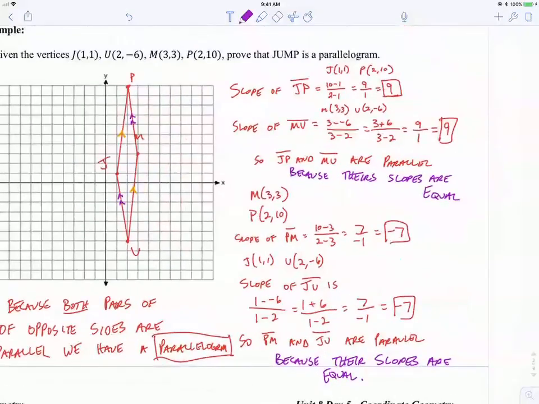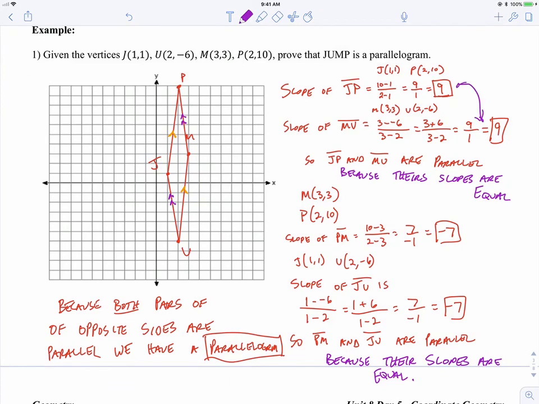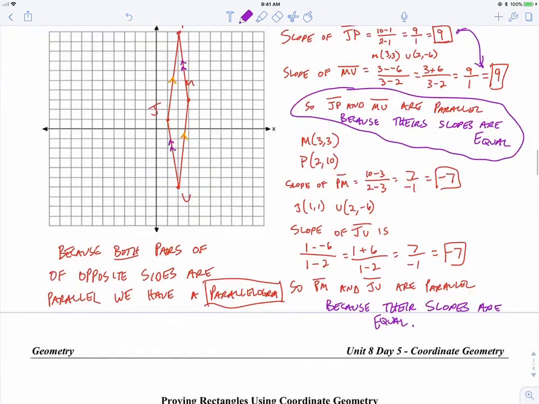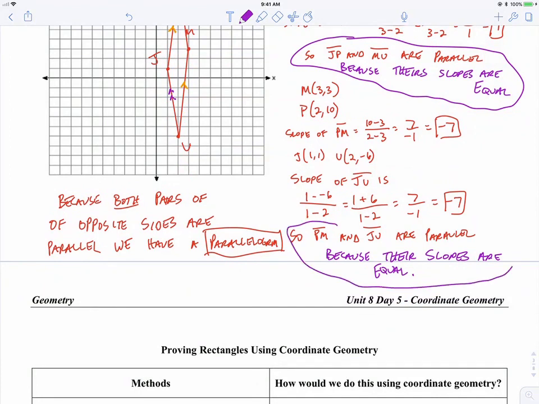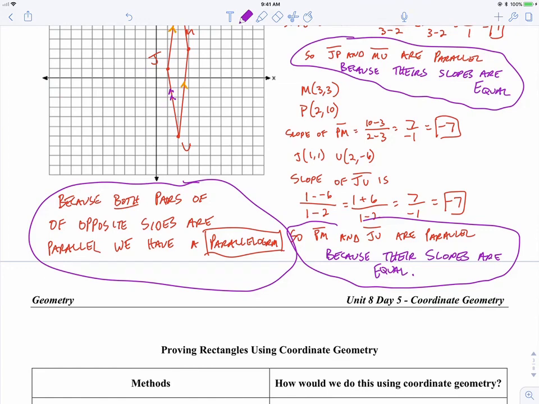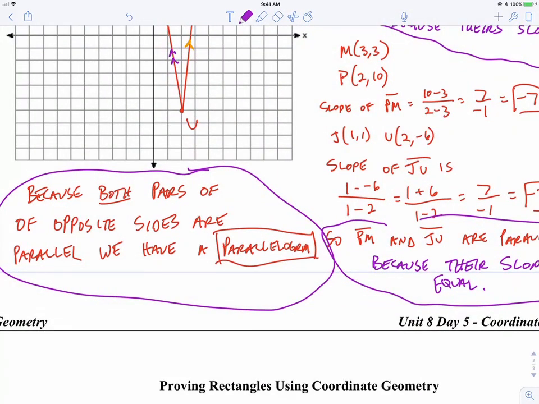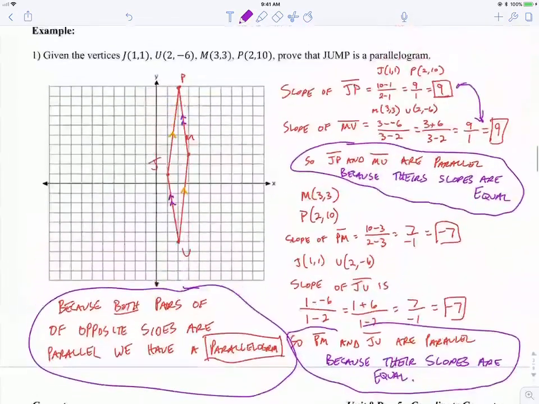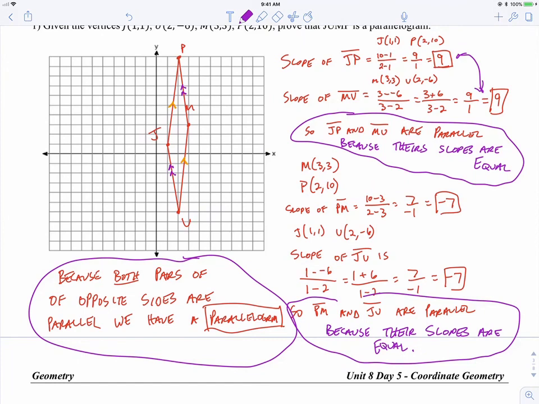You can't just show some work, get these numbers, and go, yeah, it's a parallelogram. We have to have this explanation and the final conclusion to get full credit. You're restating the definition of a parallelogram: two sets of opposite sides parallel, however you want to say that, but you've got to make those statements. So that's the coordinate proof for a parallelogram.